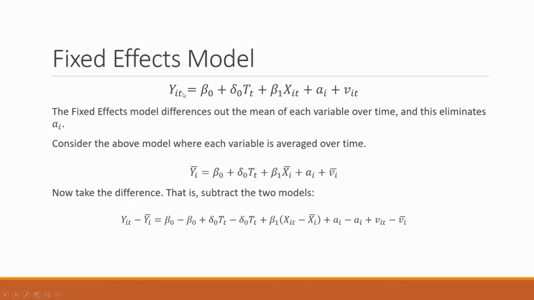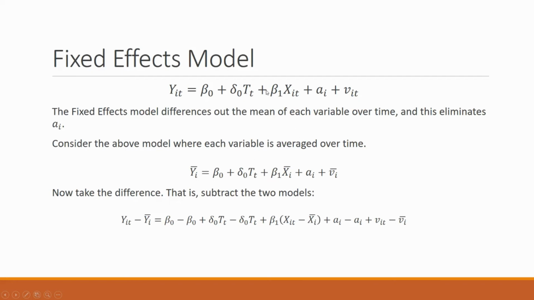So we take the average of the y variable across time, and so we get y bar i. So this is the average dependent variable for each individual across time. And then here this is connected to the intercept. So it's basically beta 0 times 1, and the average of 1 is 1, so here we go. And then here's the time variable. The average of the time variable across time is just, again, the time variable, so there's no change here.